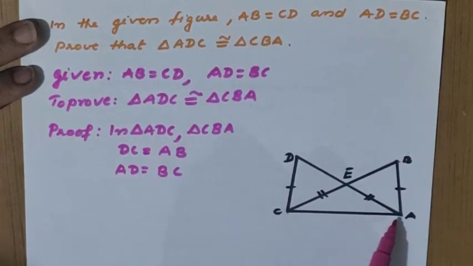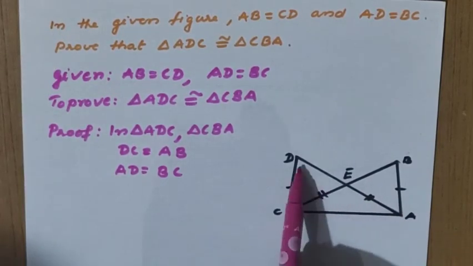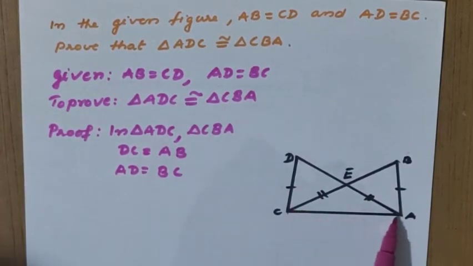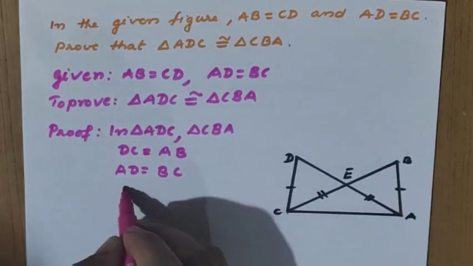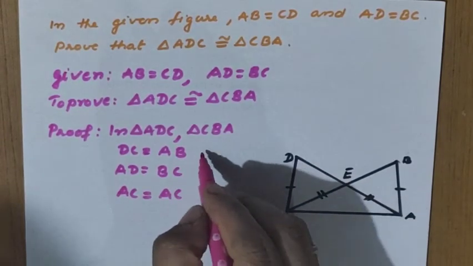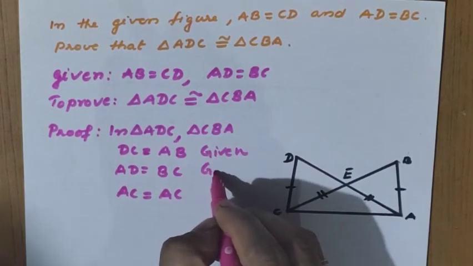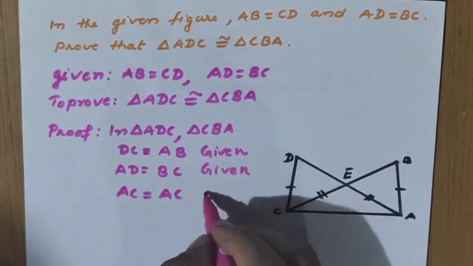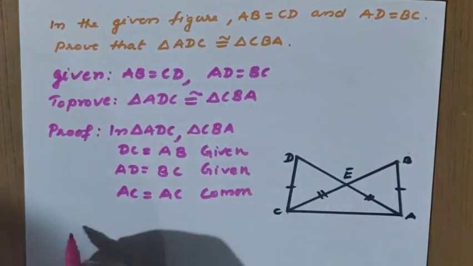So what we will check means that ADC, AC is coming, right, and CBA again AC is coming, so AC equal to AC. So what are the reasons we will write here? It is given, again given, but for this common. So all the three sides we are getting here.